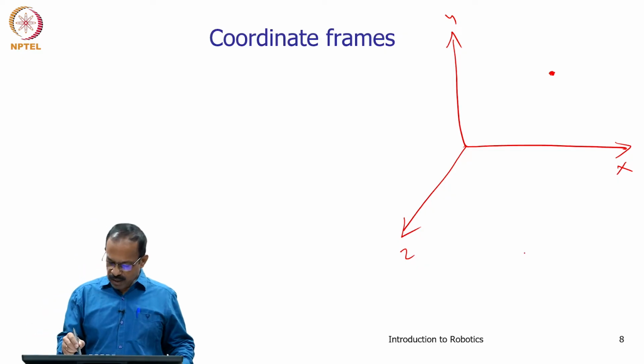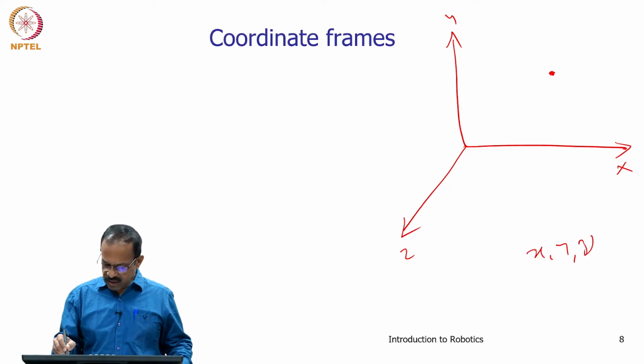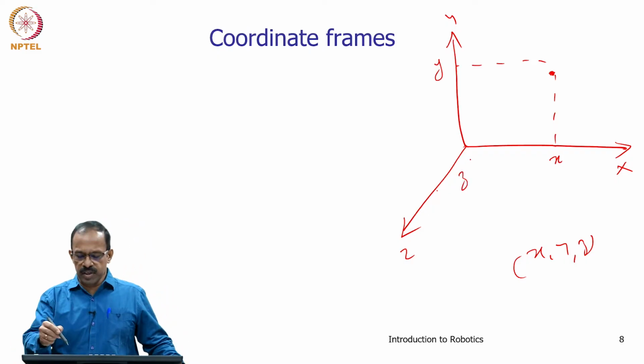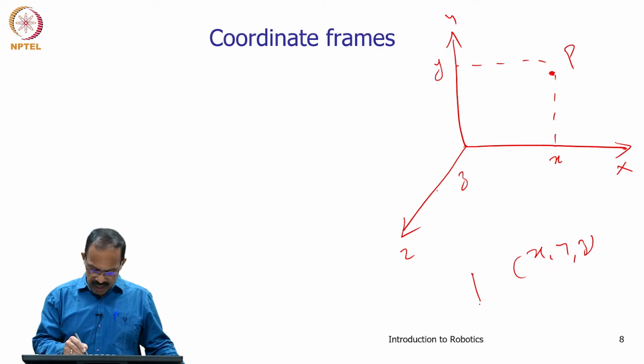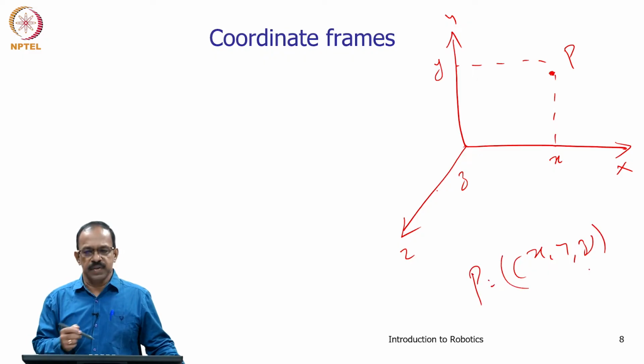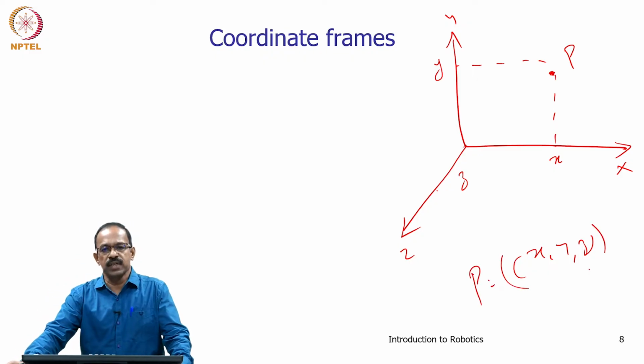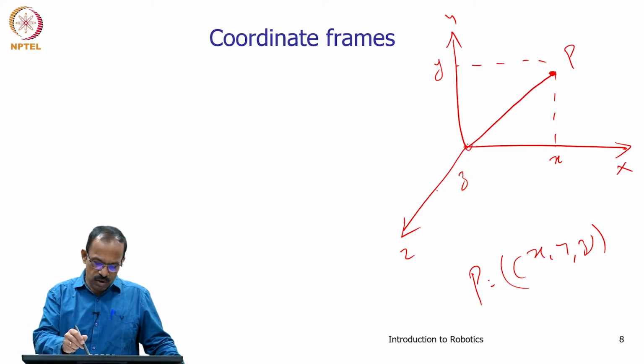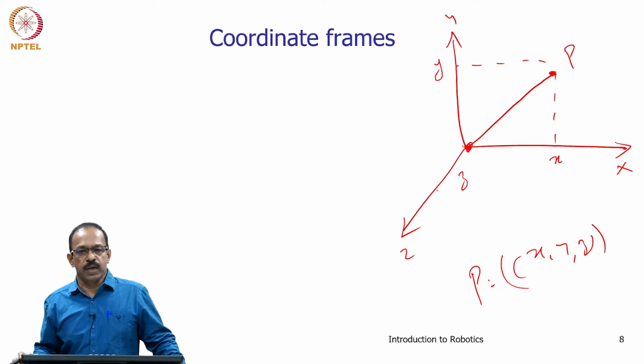This is the x coordinate, this is the y coordinate, and this may be the z coordinate. So, this point P can be represented as x, y, z. That is how you represent a point in 3D space. This is a vector P. Using the coordinate frame, you will be able to represent the vector P.